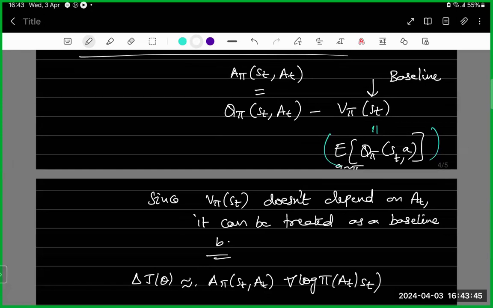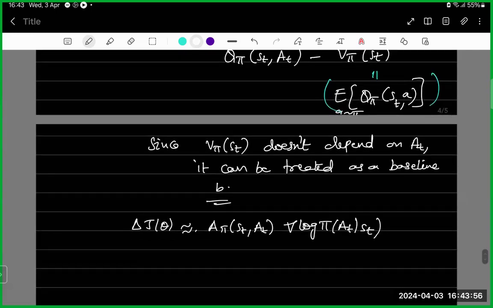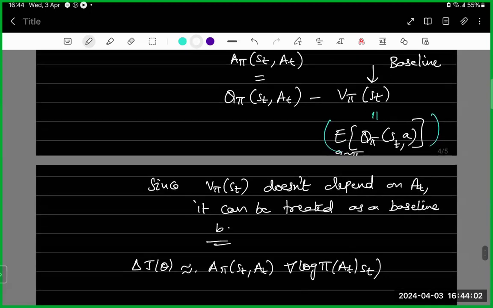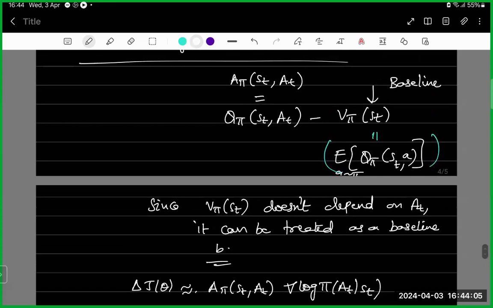For A pi also, we can just keep an estimate of what A pi is. One way you can do it is to have three networks.